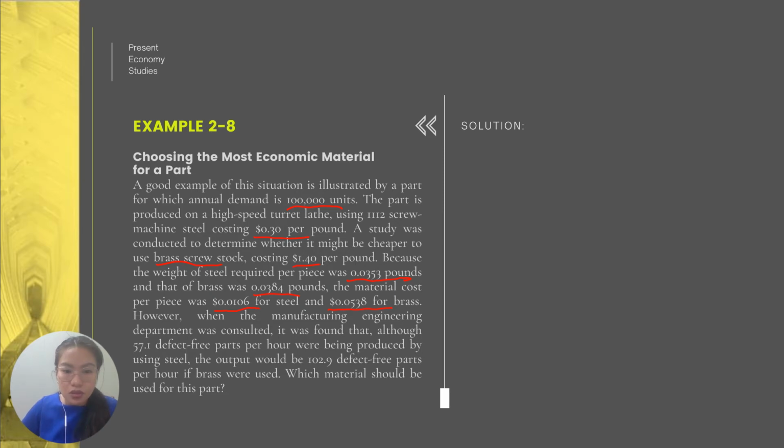So 57.1 if steel and 102.9 defect-free per hour if brass. Which material should be used for this part? So we have our problem here. Now, let's try to solve that one. Okay, let's start with the steel.